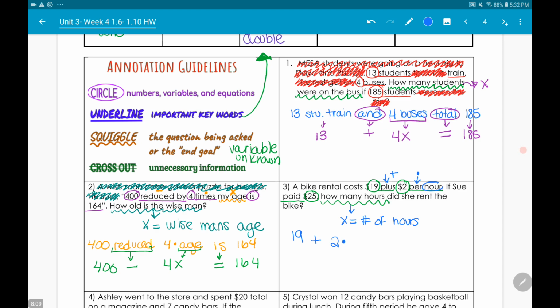I'm multiplying with the hour. But do I know the number of hours? No, so I'm multiplying with x. If she paid $25, so this is extra information that I'm going to cross out. All right, that is it.